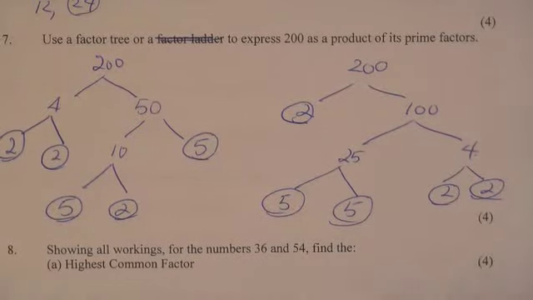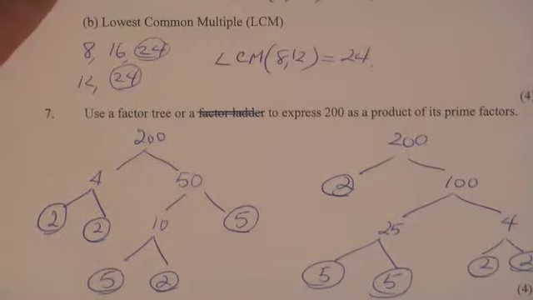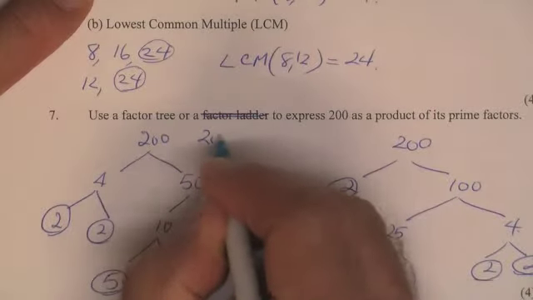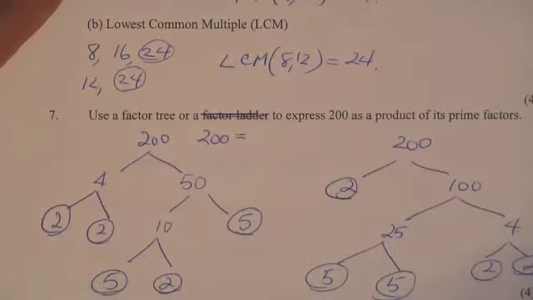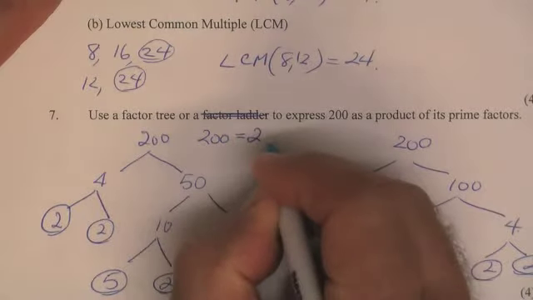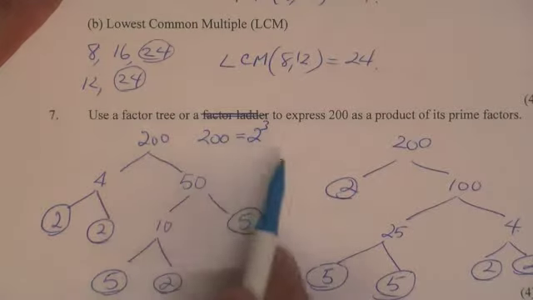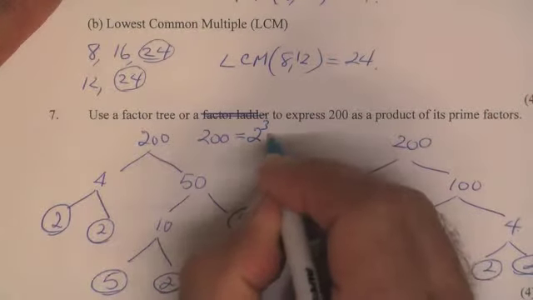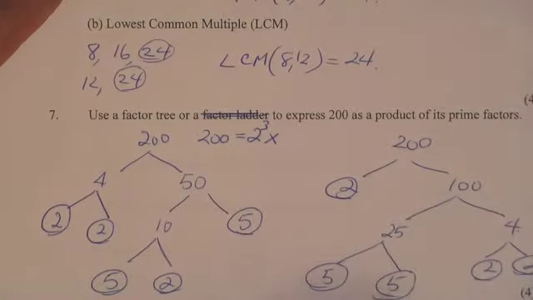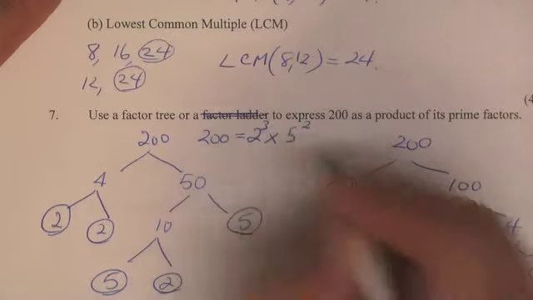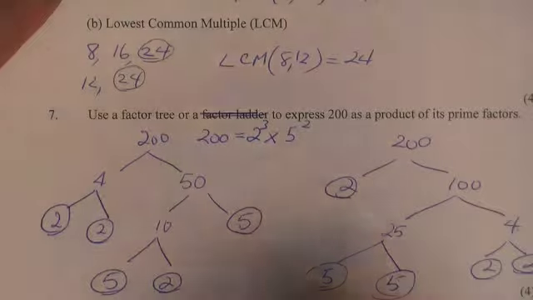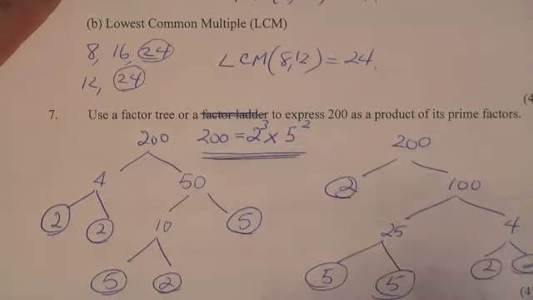I've not left myself much room here, so I'll try and write it in here. 200 equals 2 times 2 times 2, which I'm going to write as 2 to the power of 3, and I've got 5 times 5, or 5 to the power of 2. So there's my final answer, and there are two ways of getting it.